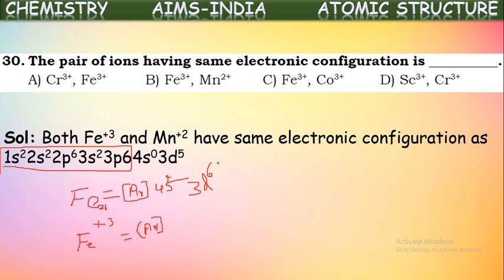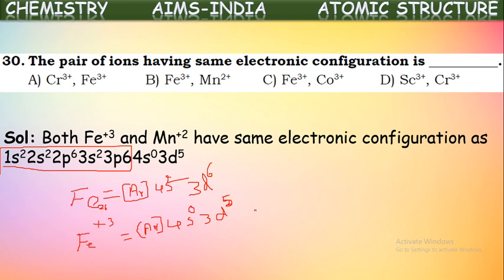But instead of removing electrons from there, first electrons will be removed from the outermost orbital, which is 4s. There are 2 electrons in it, so both will be removed. Totally 3 electrons are to be removed, so after removing 2 electrons here, one more electron is removed from 3d6. So it becomes 3d5. This is the electron configuration of Fe3+.